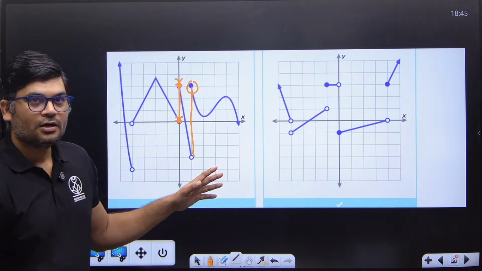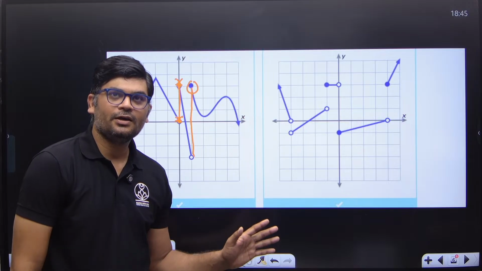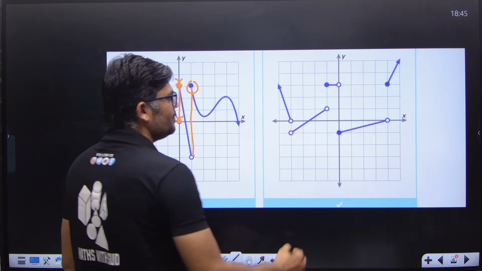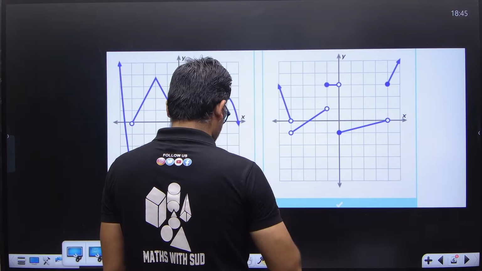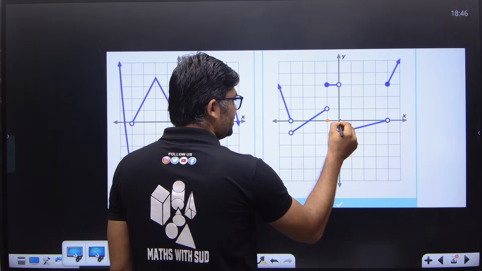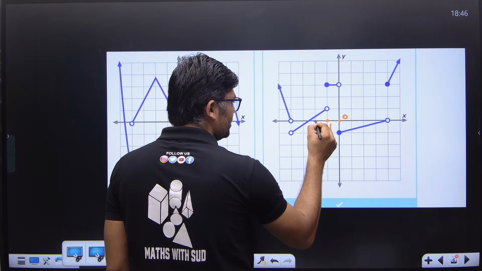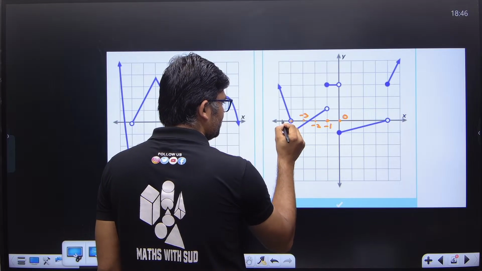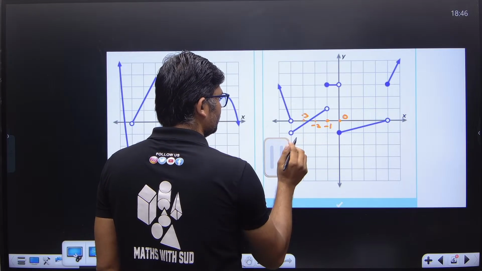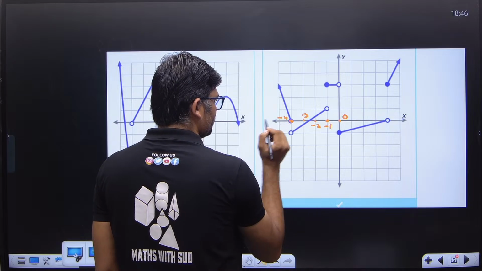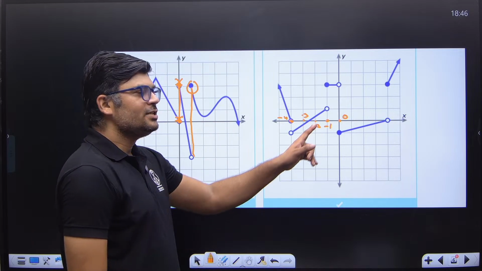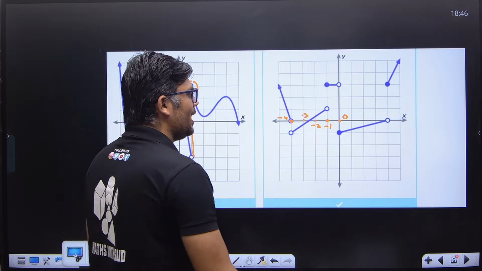Shrimoy, can you look at this screen, beta? Okay. Now let us suppose that this value is -1. Let us suppose this is 0, this is -1, this is -2, this is -3, and this is -4. If I ask you, what is the value of this graph at x equal to 0?